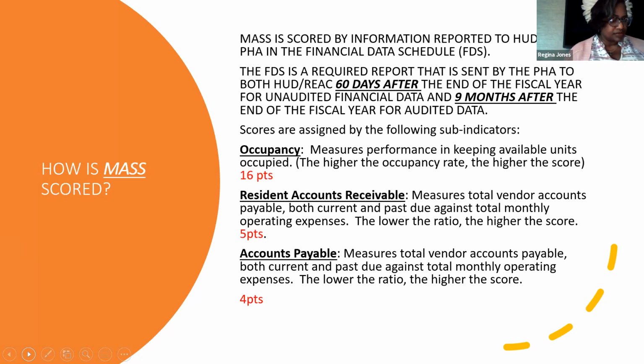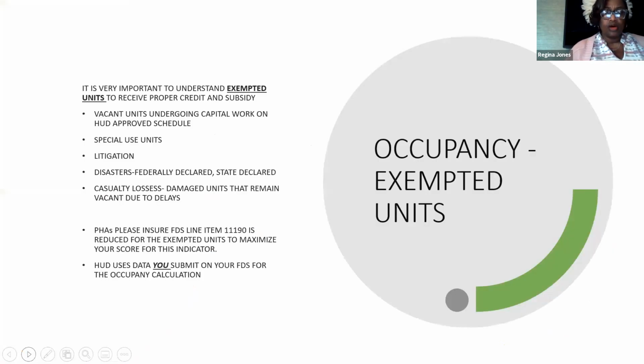There are a couple of things that I did want to cover here in regards to occupancy, which I think are very important. I think some housing authorities miss this. It's very important to understand exempted units, so you're able to receive your proper credit and subsidy for those.